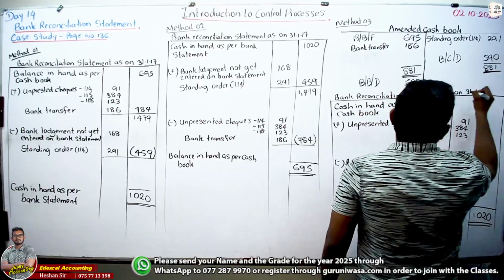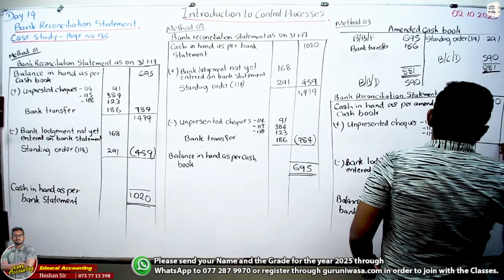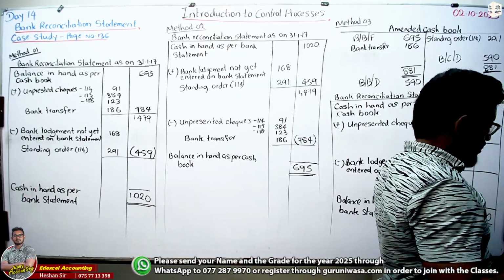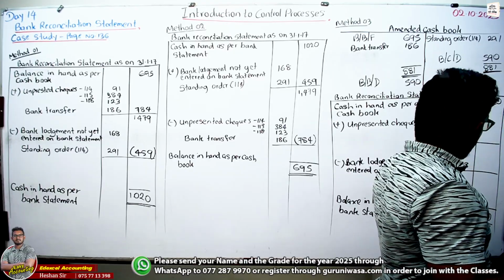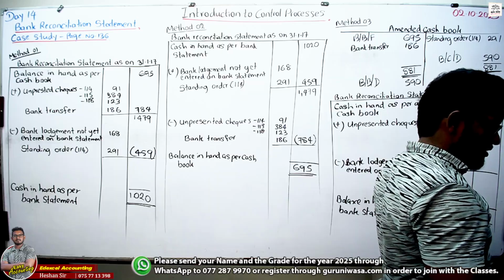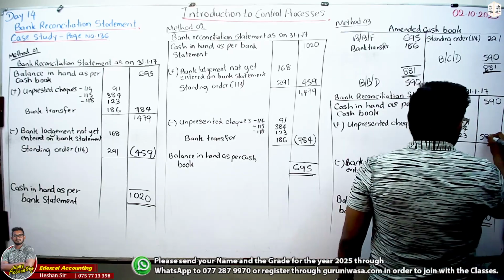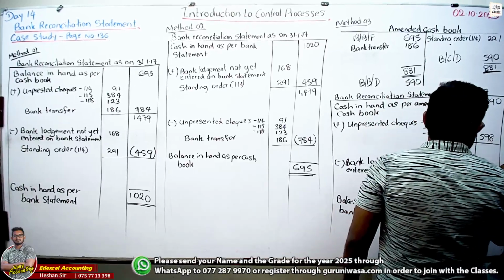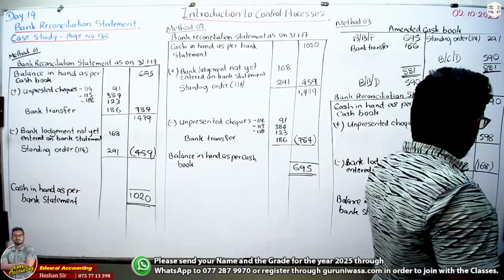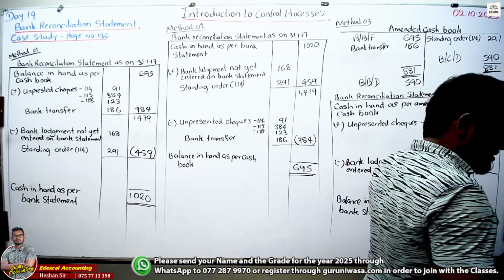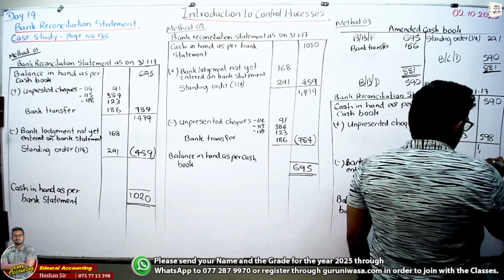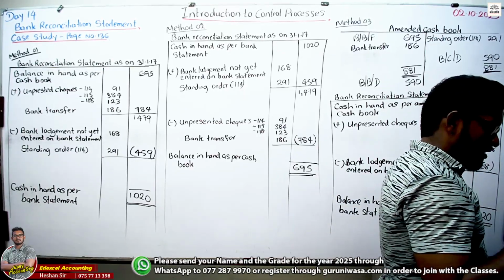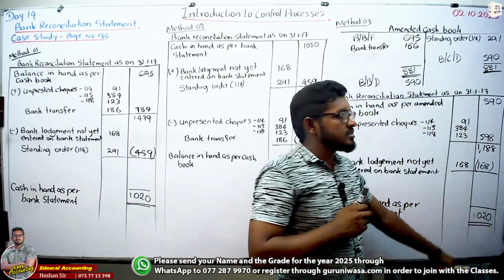Add this, deduct this, right? 91 plus 384 plus 123, which means 598, plus 590 means 1188 minus 168, you get 1020. You get the same answer.